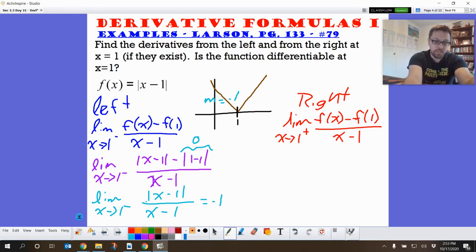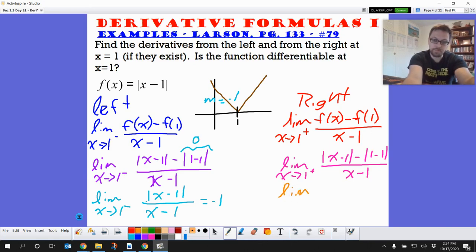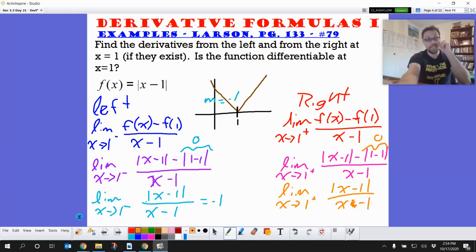So this is the limit as x approaches 1 from the right of the absolute value of x minus 1 minus the absolute value of 1 minus 1, because I'm doing f of 1, and the other one was f of x, over x minus 1. Because this thing is going to turn out to be 0 again, in case you didn't already guess that.